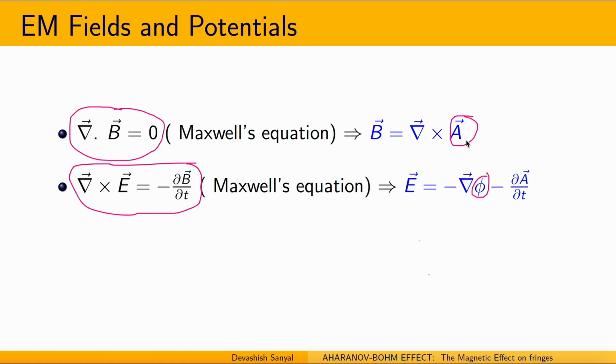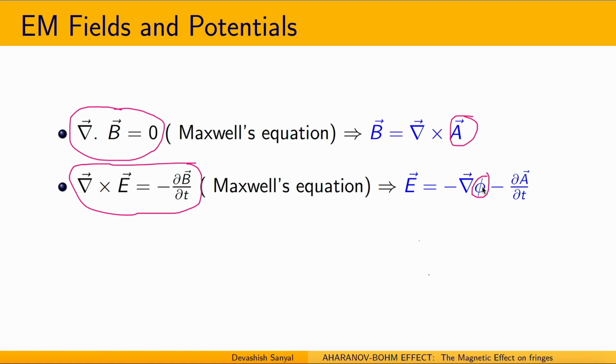So we have two potentials, a scalar potential and a vector potential. And these potentials are not uniquely defined. It's not that for a particular B you have only one definite value of A, and for electric field you have only one particular value of phi. It's not like that. They can vary, and that is where the concept of gauge comes in.